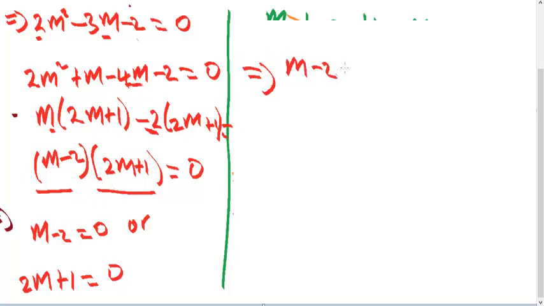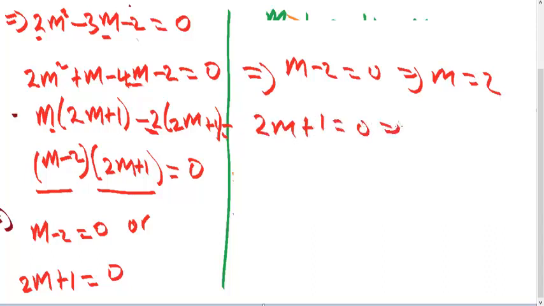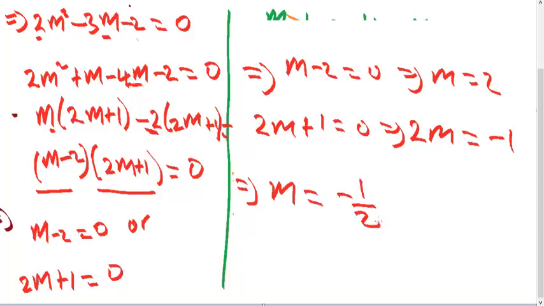So finally we solve. From the first one, m minus 2 equal to 0 implies that m is equal to 2. Then we have 2m plus 1 equal to 0. That implies that we have 2m is equal to negative 1, which implies that we divide by 2, so m is equal to negative 1 on 2.